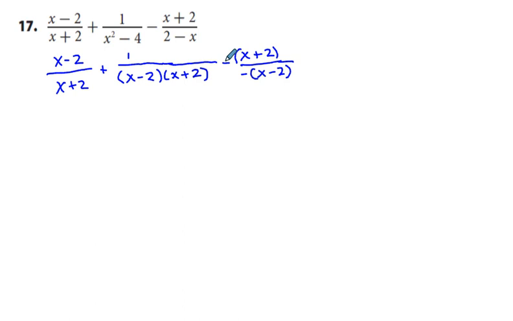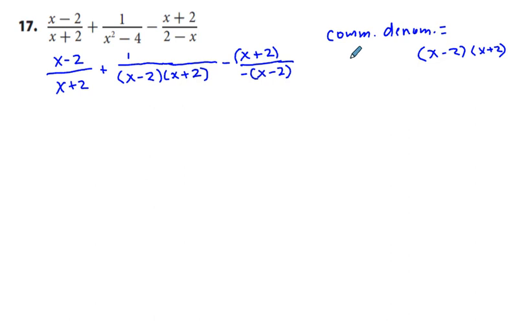And actually, this minus minus will cancel each other. And we're going to get our common denominator. I'm going to put this right. Common denominator is going to be equal to this thing right here. x minus 2, x plus 2.